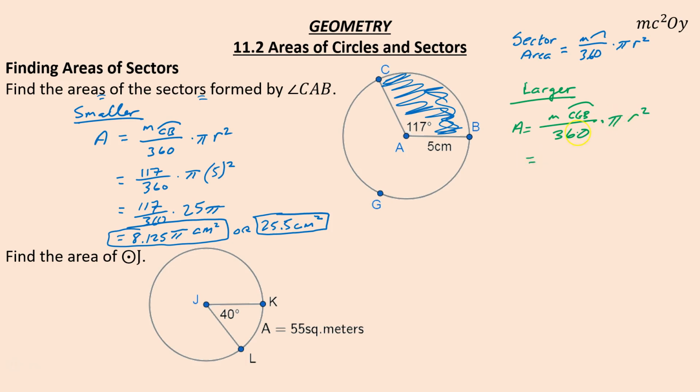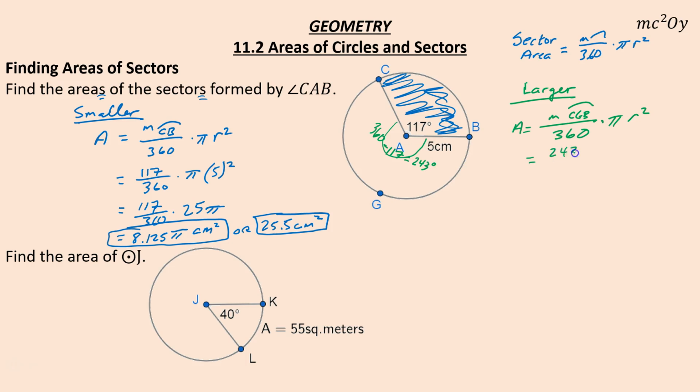So the only thing that really changes is the arc measure. The arc measure now, rather than being 117, this arc right here is 360 minus 117, which gives me 243.